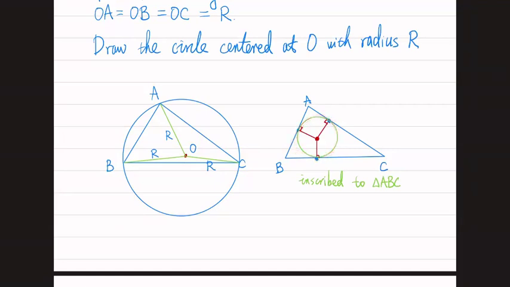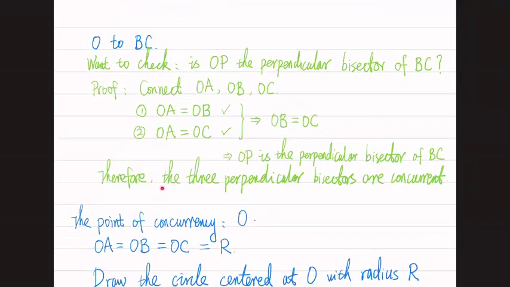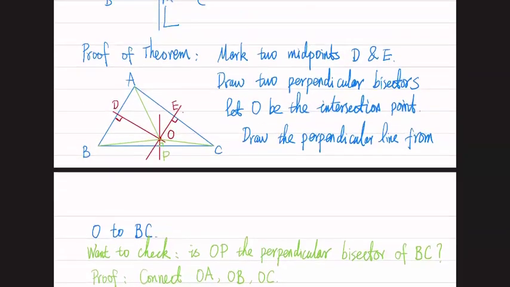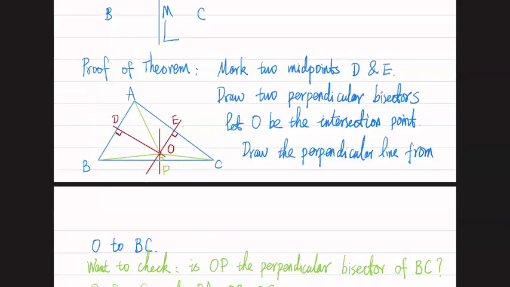Yes, Kira. I just have a question. When you say O is the point of concurrency, the point of concurrency of what? Of the 3 perpendicular bisectors. Oh, so I erased it. That's why we have a different picture here.